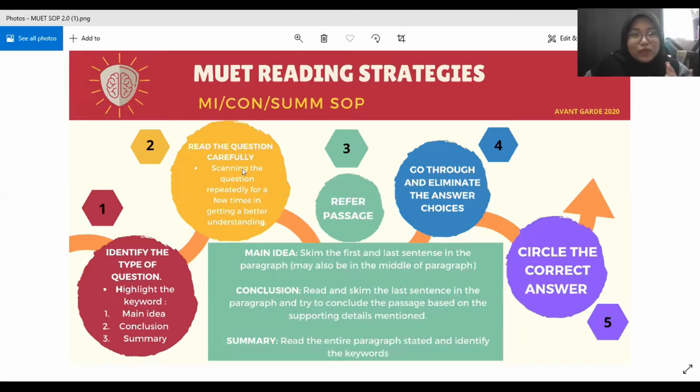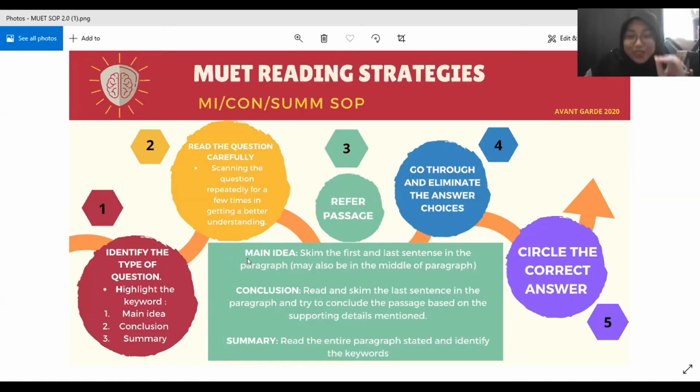And then next we need to read the question carefully by scanning the question repeatedly a few times to get a better understanding. And after you read that, you need to refer to the passage. This step will differ according to the type of question.